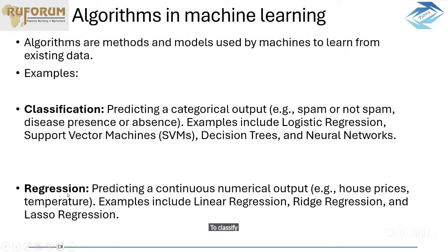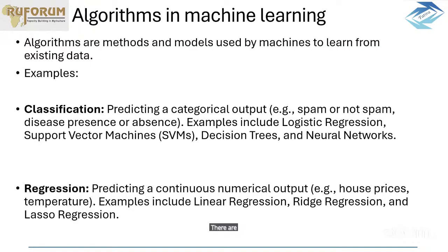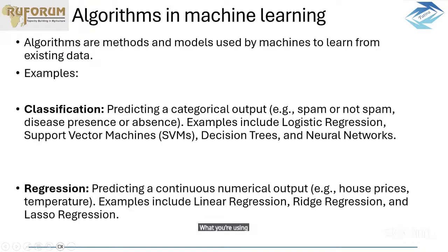We have others that are used to predict continuous outcomes, which is regression. We have examples like the linear regression, but it's not the only type of regression that exists. There are so many types of regressions out there. We have the ridge regression, we have the lasso regression. But if you're predicting a numerical outcome, then what you're using is called a regression algorithm.